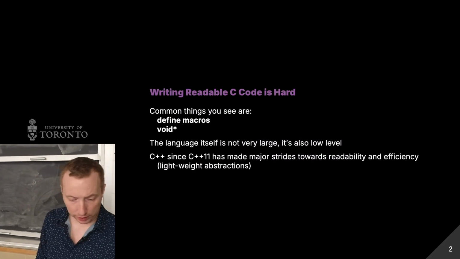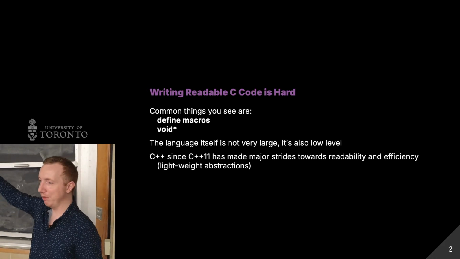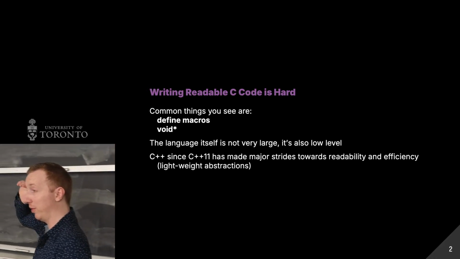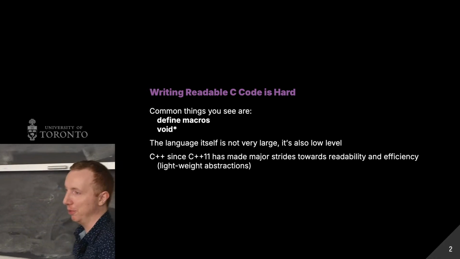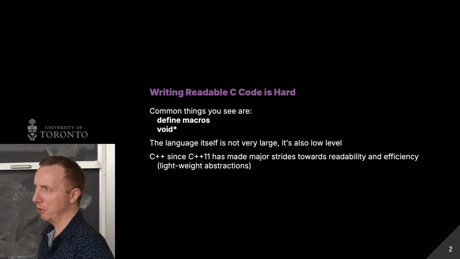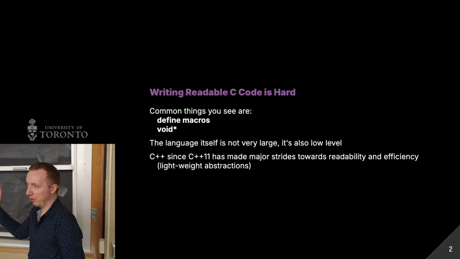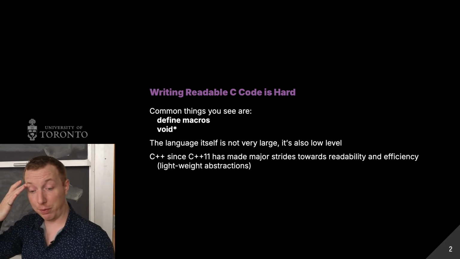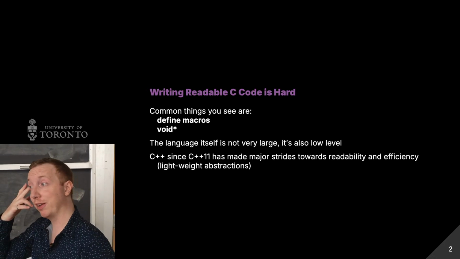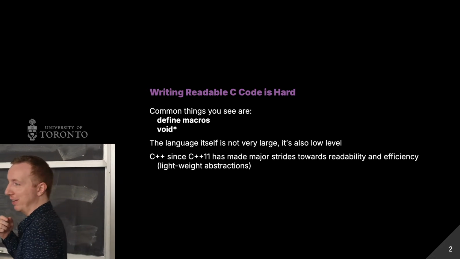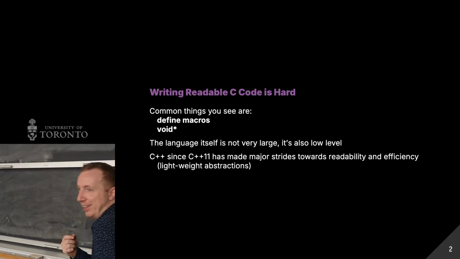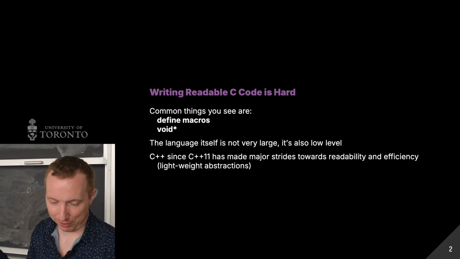Reading readable C code and performance C code is kind of hard because your code is tied to the implementation and what your compiler produces. And there are common things you see in C which are terrible for trying to read it. Like, has anyone ever used a macro that is 10 macros deep and tried to read that? It's next to impossible.